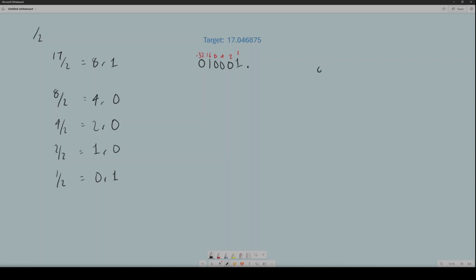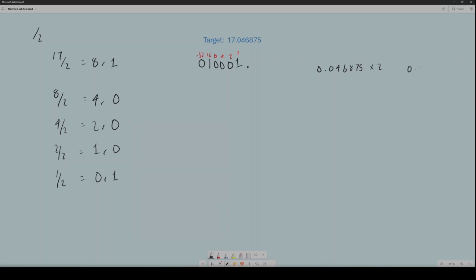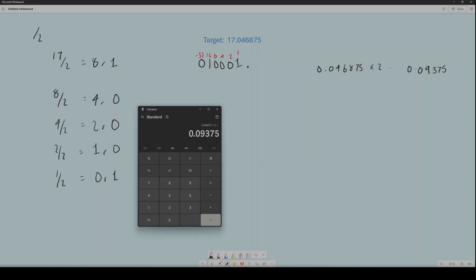So we've got 0.46875. So we take that value and we multiply it by 2. Okay, so that gives us that value. So we, again, in the spirit of showing your working, we put that value down, and then we multiply it by 2.